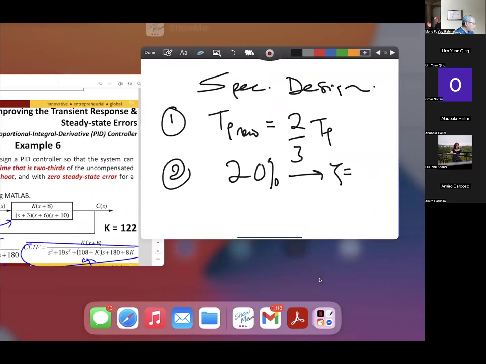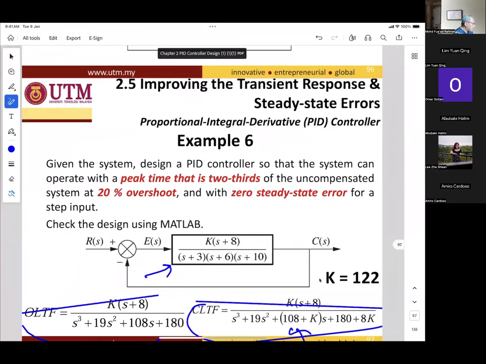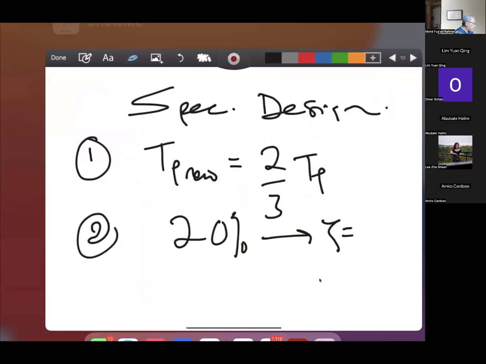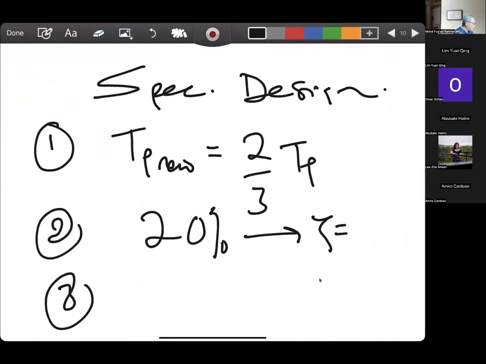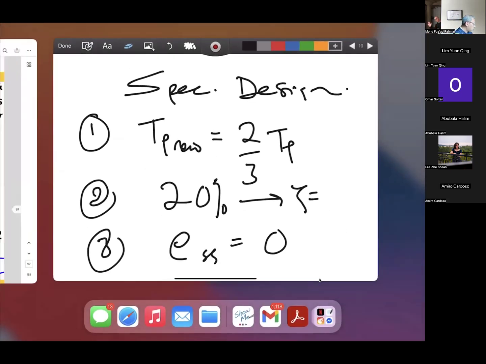And then spec number 3, zero steady state error. Spec design, or we call it the target. So far, okay? So 20% overshoot.